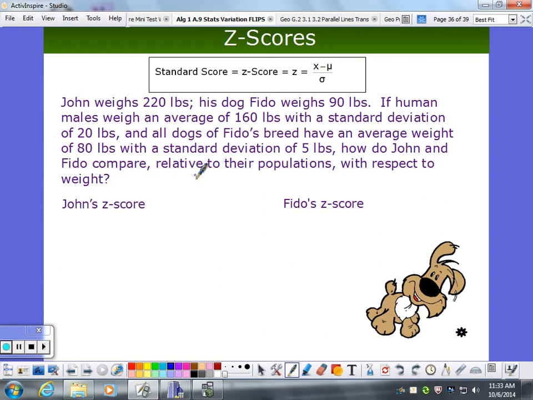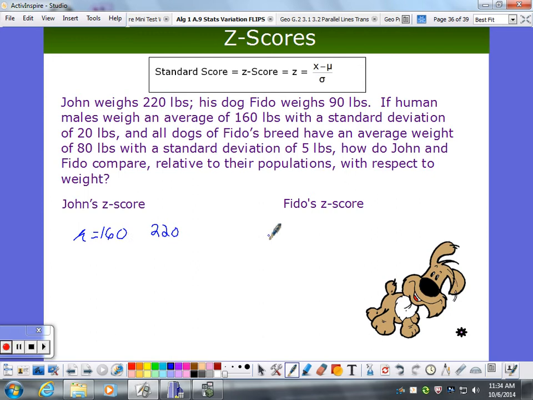If a person gains a pound, you probably wouldn't see it, right? If you have a Chihuahua and it gains a pound, they come out. It's a little creature, a pound is a big deal. Big creature, not so much. So using the same scale of reference isn't good when you're comparing species. John's average is 160 and he is 220.